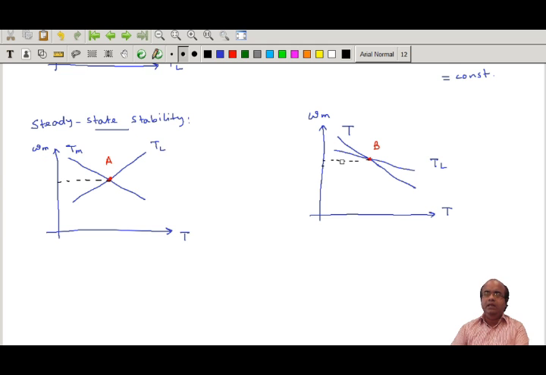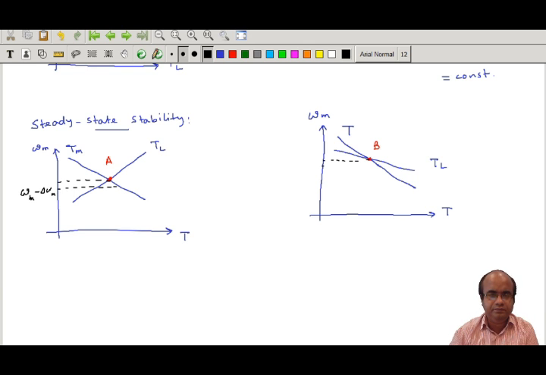Now, for the first figure, what will happen with any deviation in speed from the operating point? Say speed is decreased. Now the motor is operating at omega m minus delta omega m.